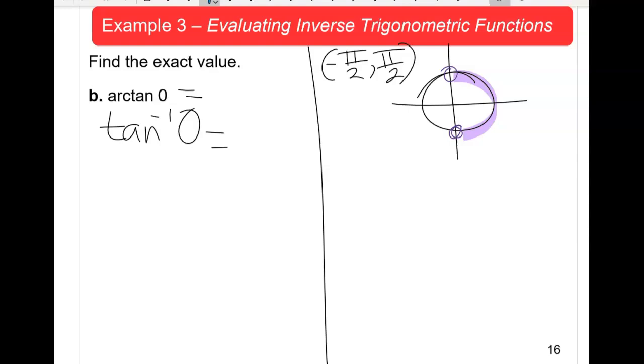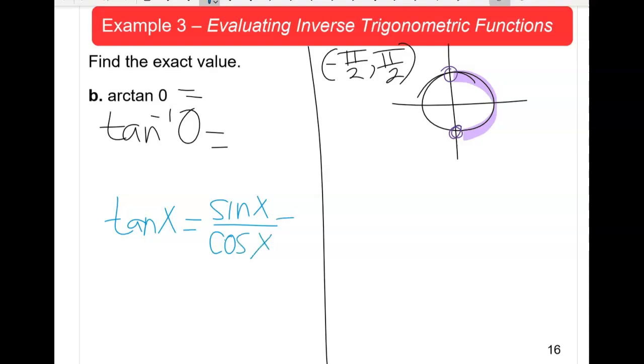So in that whole interval, remember how tangent, based on the quotient identities, is defined as sine of x divided by cosine of x.